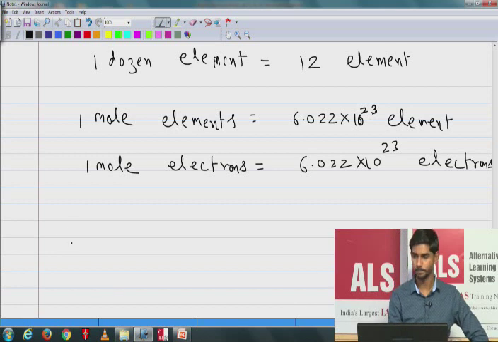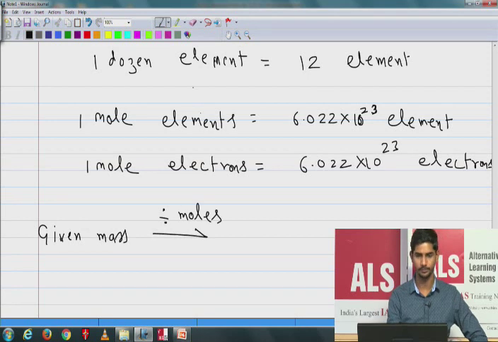See, you have to understand the meaning of this one. If I divide the given mass by the molar mass, I'll get the moles.